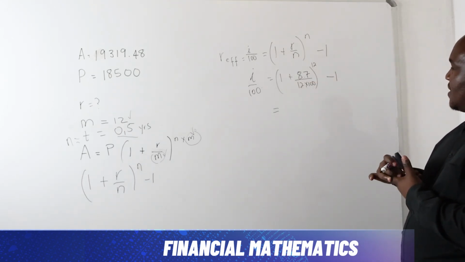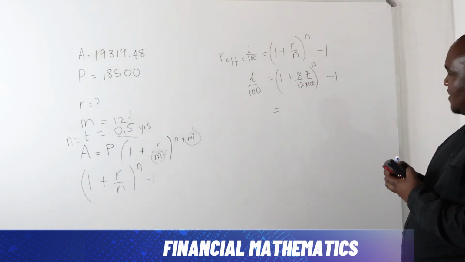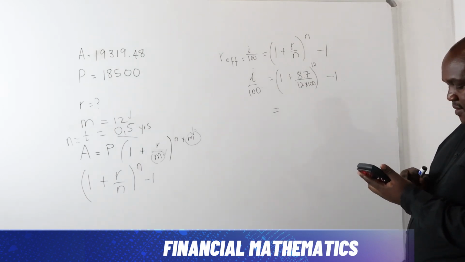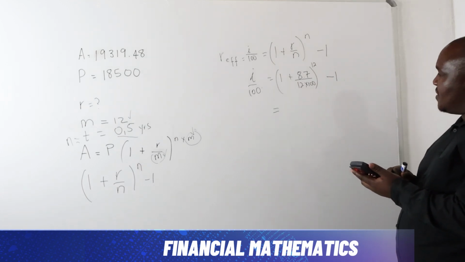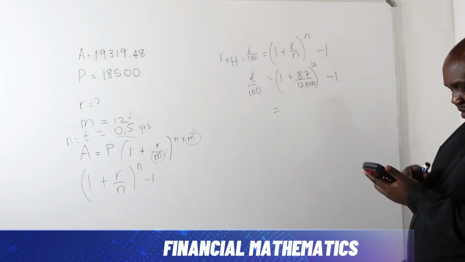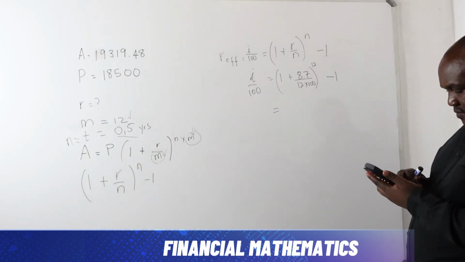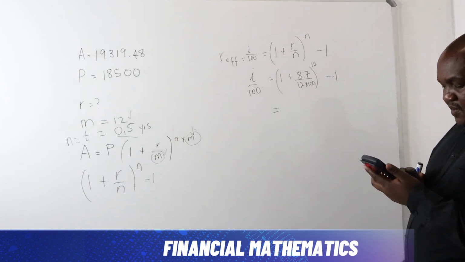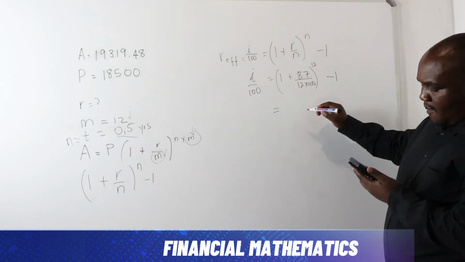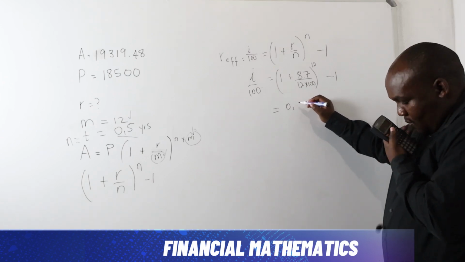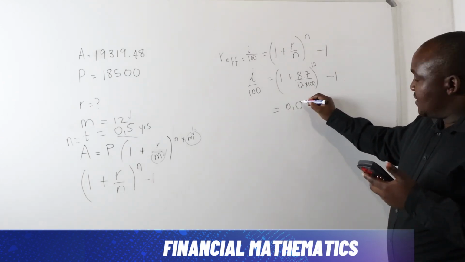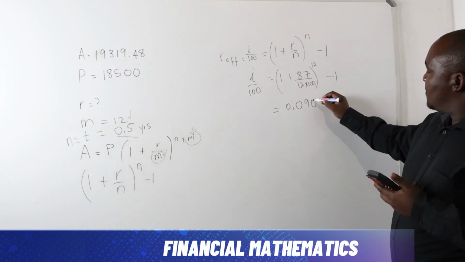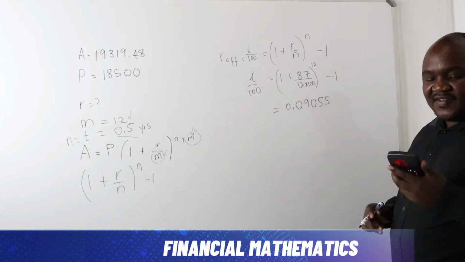Now let's look at what the calculator gives us. 1 plus 8.7, then to the power 12, then minus 1, equals 0.0905.